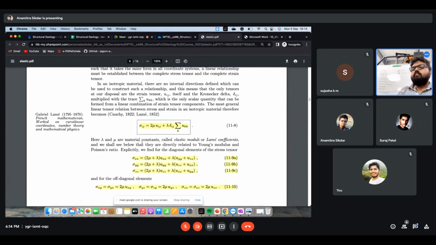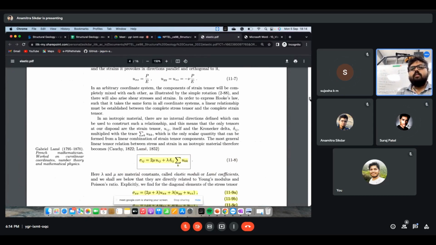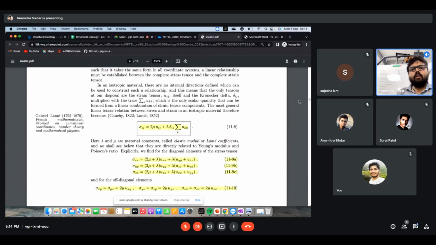So Cauchy and Lamé, in 1822 and 1852, derived a relationship where, without using one single constant, which was Young's modulus here, you can write the equation of elasticity like this. So what does it mean?